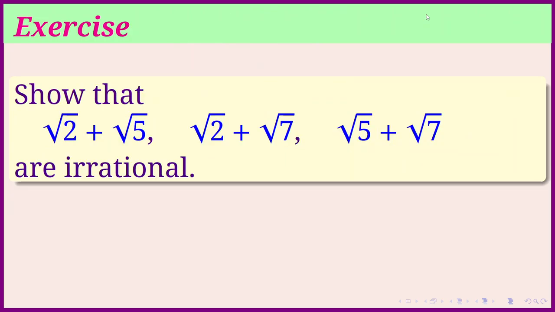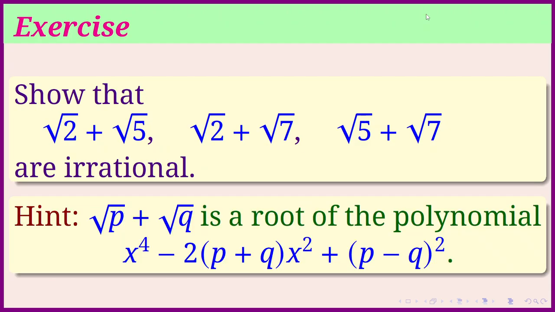Now you can use this RRT to show that root 2 plus root 5, root 2 plus root 7, root 5 plus root 7 are all irrational numbers. Because if P and Q are two primes, then root P plus root Q is a root of this polynomial. You can check it. So just put P equal to 2, Q equal to 5 and so on.